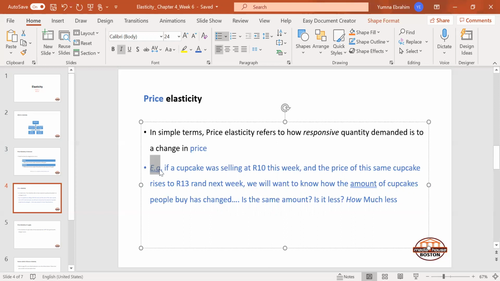What has been the impact of the 3 Rand price increase? If they were selling 50 units before, after the price increase, are they selling 40 units? Are they selling 30 units? Or are they selling roughly the same amount? Is it less? How much less? In price elasticity, we're looking at the responsiveness of the amount people buy, or quantity demanded, to a change in price.